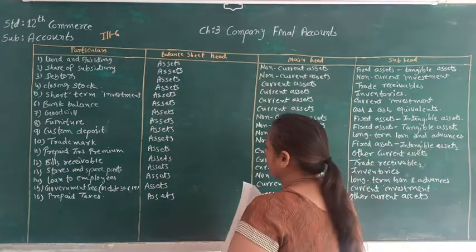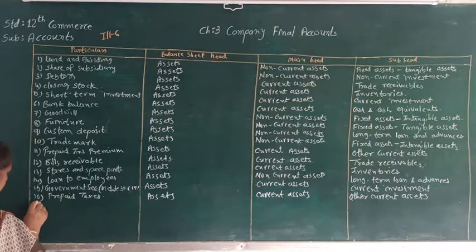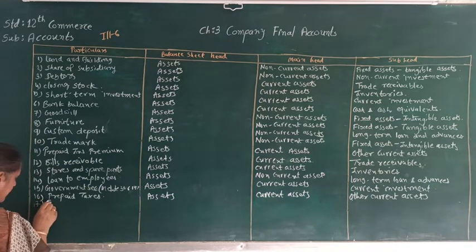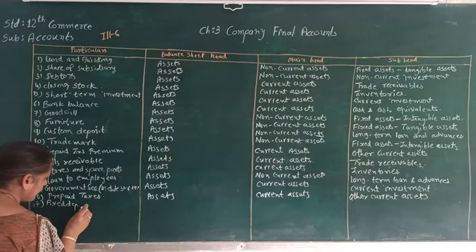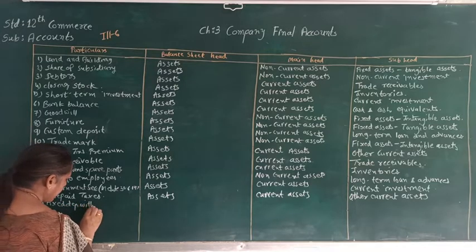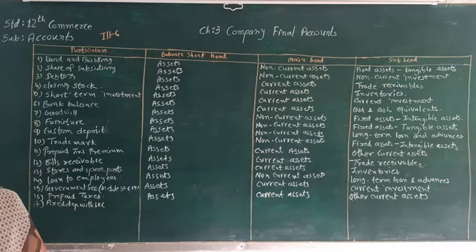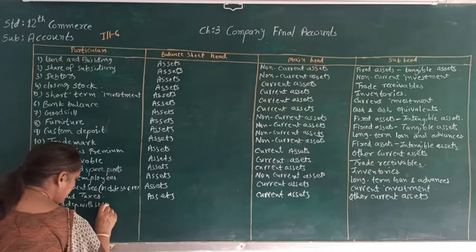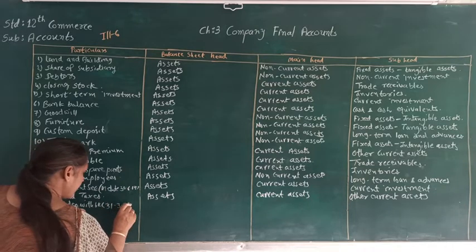Okay, now let's see number 17, that is fixed deposit with bank. Here the maturity date is also given, that is 31st/3/2020.